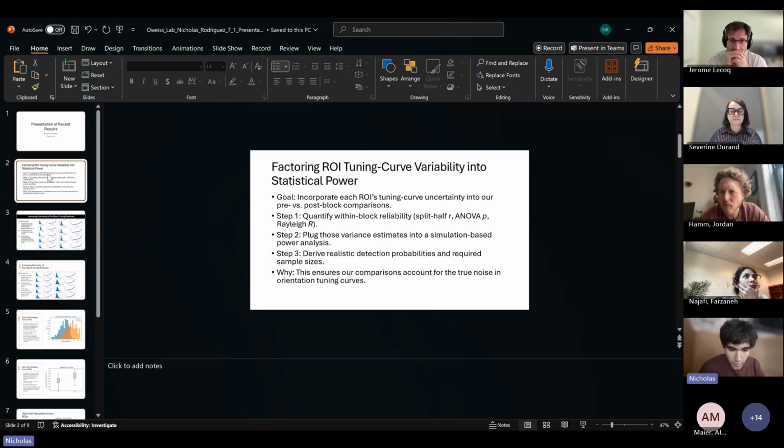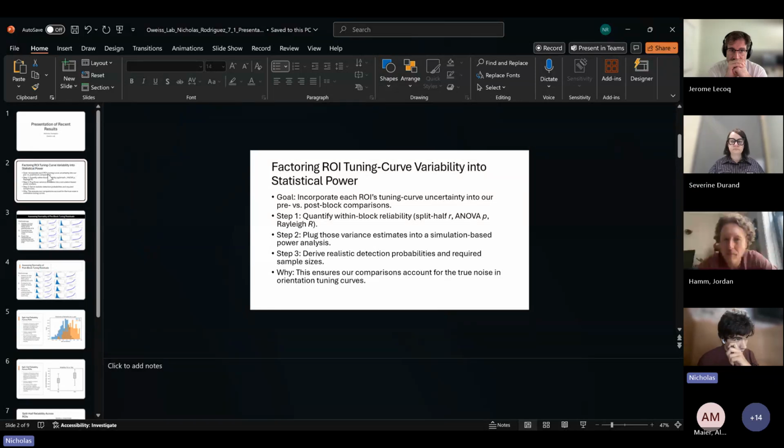Yes. I was focused on the statistical power analysis. I am still undertaking an analysis of the oddball block to see how deviant angles impact synaptic responses over the course of the oddball block, that is, over the course of time. That analysis is still underway.